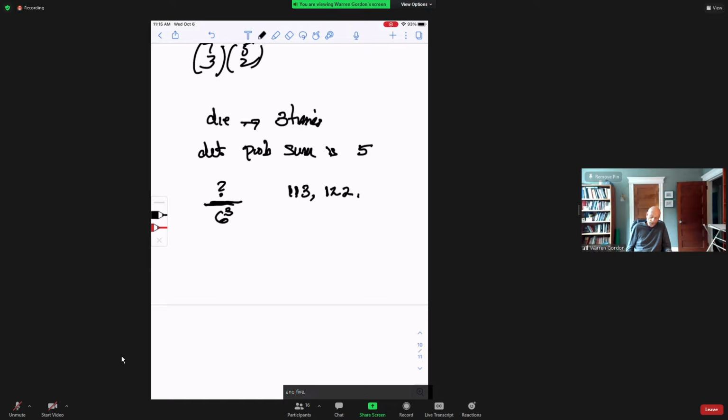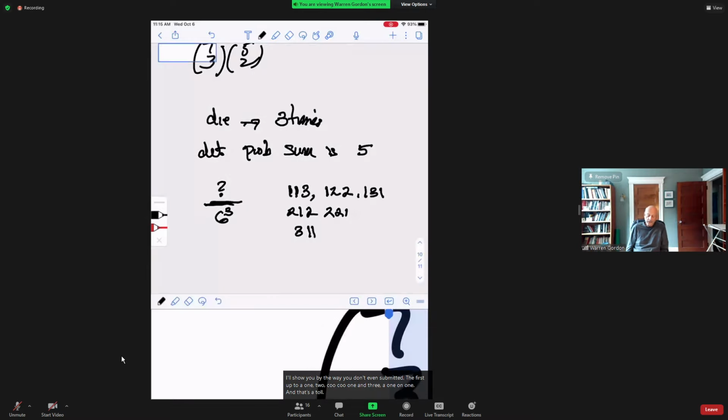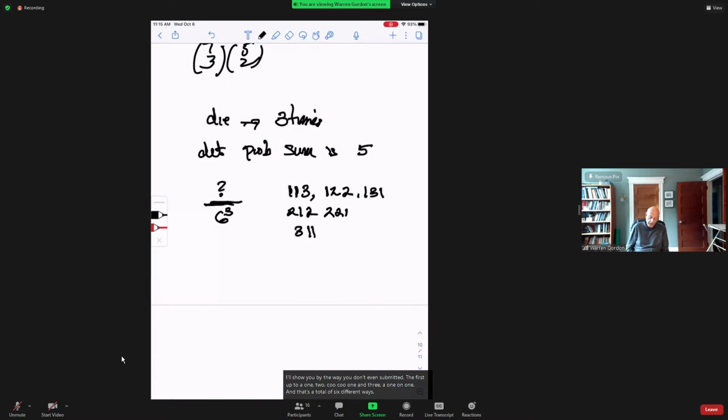Or the first could be a 1, the second could be a 3, that's 4, and a 1 is 5. I'll show you a better way of doing this in a minute. The first could be a 2, then 1, 2; 2, 2, 1; and 3, 1, 1. And that's a total of 6 different ways. So the probability is 6 over 6 cubed, or 1 over 36.